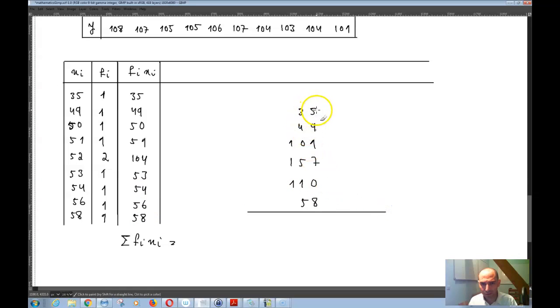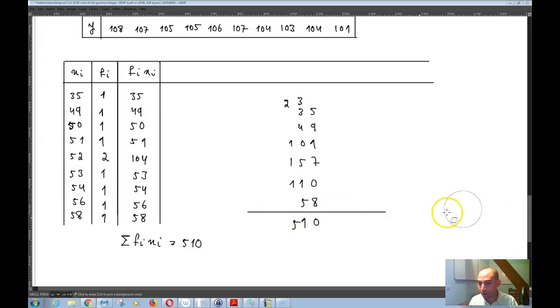If I add all of these numbers together, I get 510.